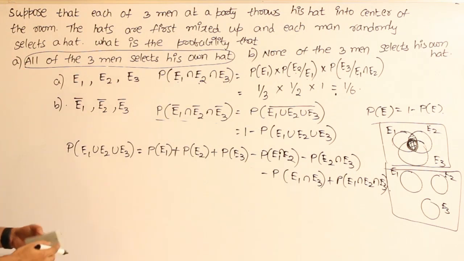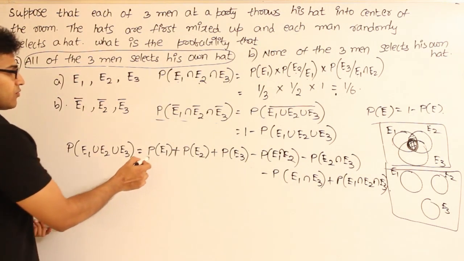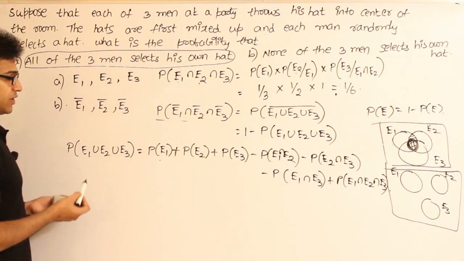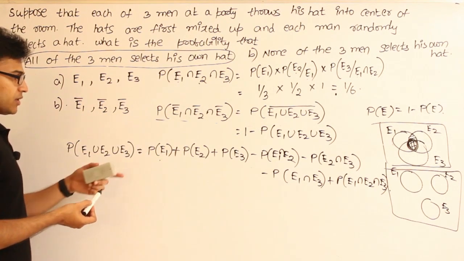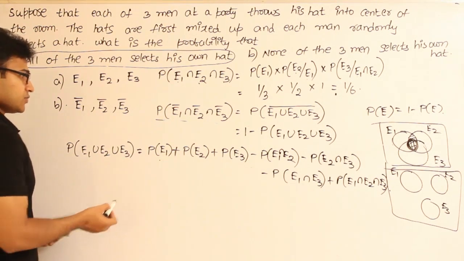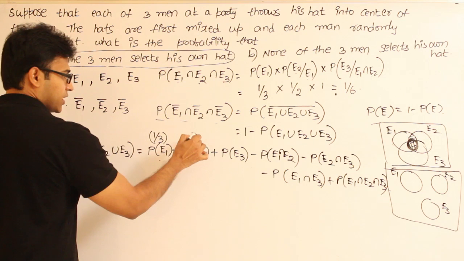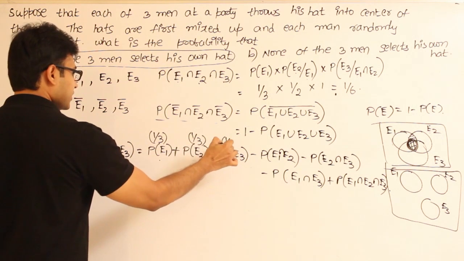Yes. Now it will be easy for me. So what about P of E1? What is the probability of the first person picking up his own hat? 1 by 3. What about the probability of the second person picking up his own hat? 1 by 3. Third person is 1 by 3, right?